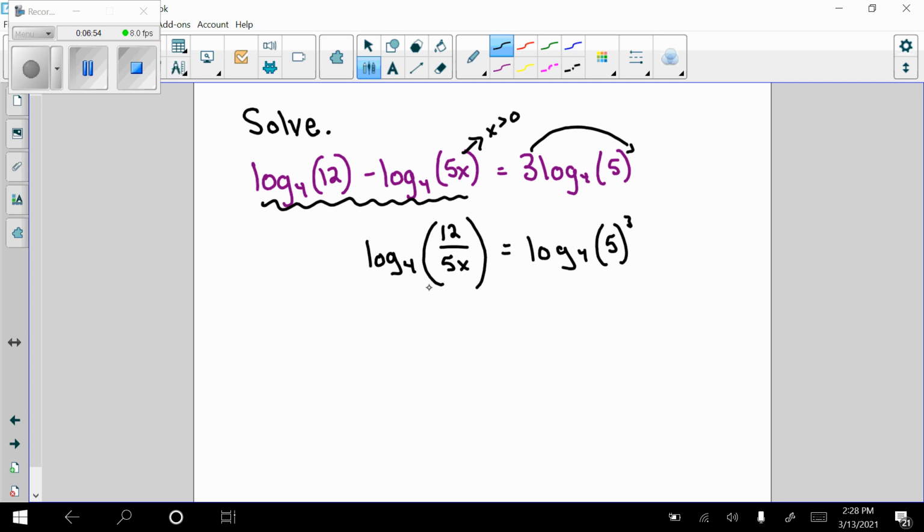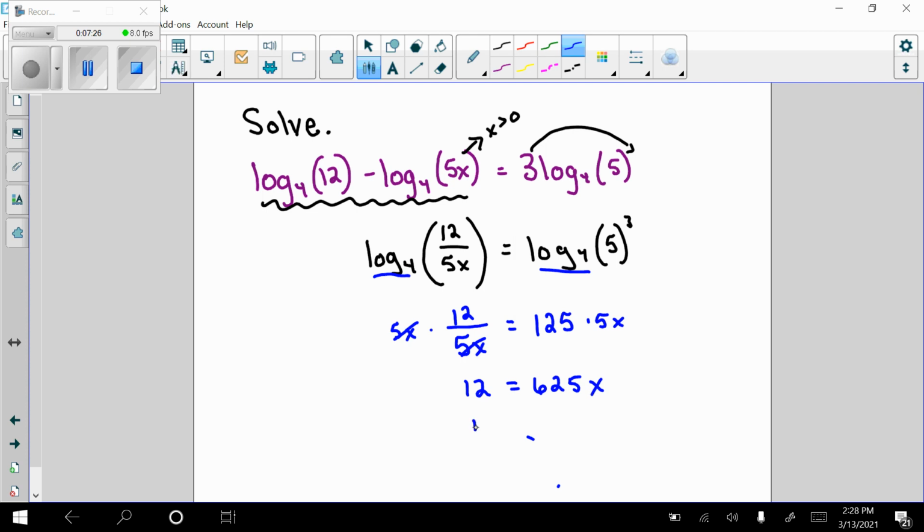Okay, so now that I have the same log base 4, I can ignore my logs and solve my argument. So I've got 12 over 5x equals 5 to the 3rd, which is 125. If I multiply both sides by 5x to eliminate that denominator, I get 12 equals 625x.